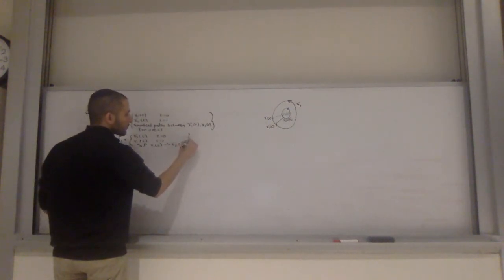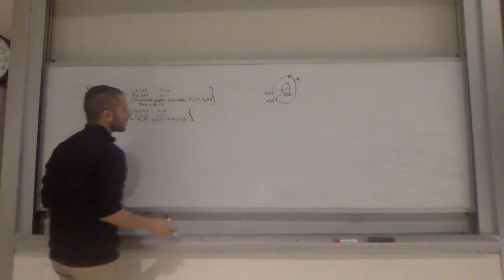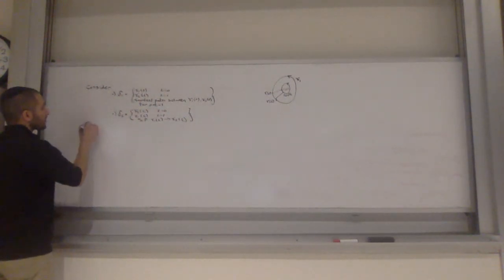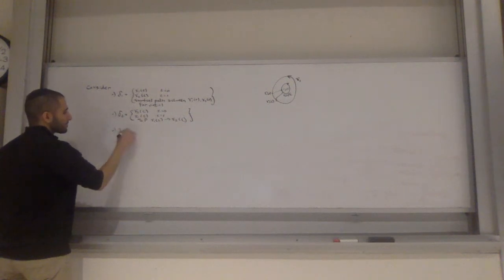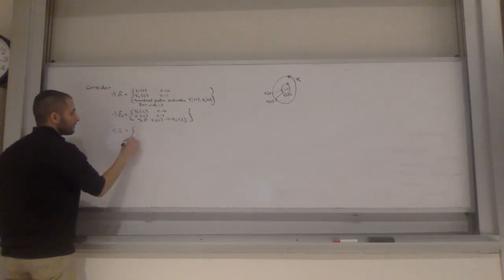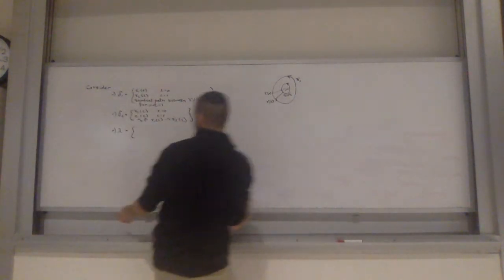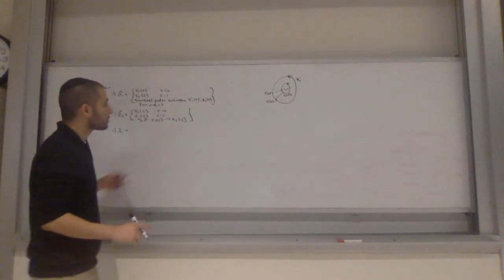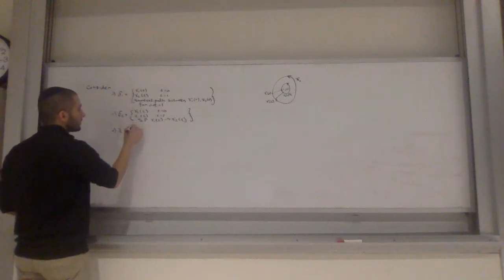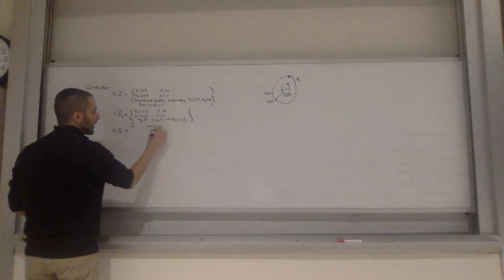Okay. With these curves defined, now we will define the third curve. This third curve will be lambda. So what is lambda? This should probably be way bigger. I'll put it in later. So lambda will be delta 1 for t between 0 and 1.